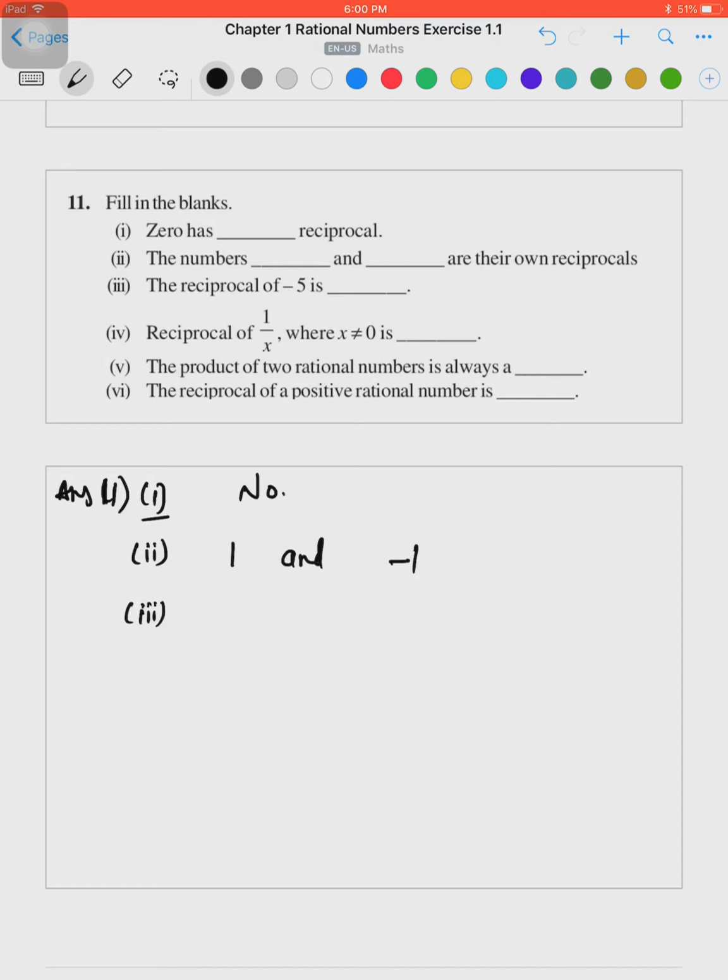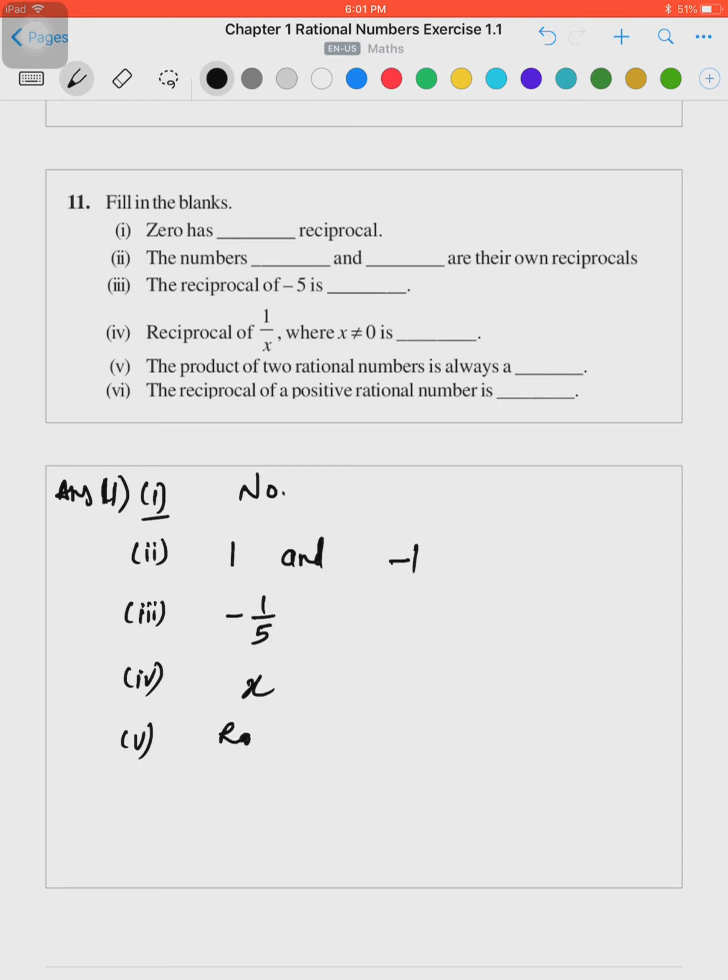Third, the reciprocal of minus 5 is minus 1/5. Fourth, the reciprocal of 1/x, where x is not equal to 0, will be x. Fifth, the product of two rational numbers is always a rational number.